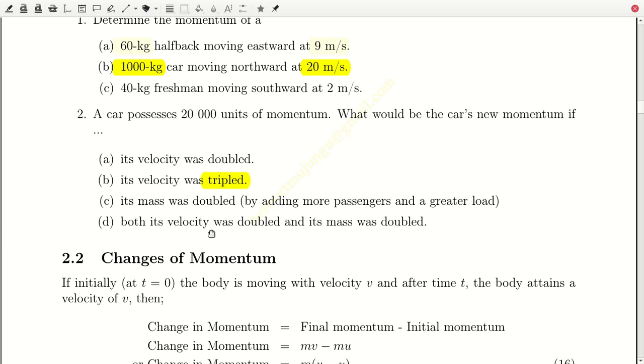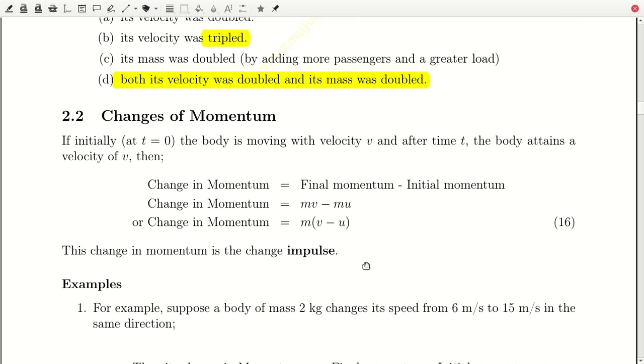So it means if you double the mass and you double the velocity, the momentum will have a double from the effect of the velocity, and at the same time it will also develop another double due to the effect of mass, and we shall have a double times a double, which will end up being times 4. So the momentum will be multiplied by 4, a 2 times a 2, which will end up times a 4.